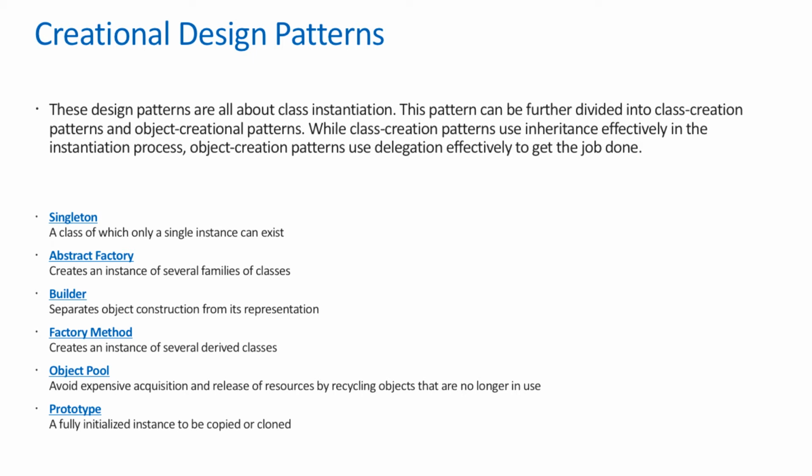For example, in SharePoint Server on premises, there is the site collection, the SP web, the SP site. You need to use those with memory in mind because they take a lot of memory. There is the abstract factory, the builder, and the factory method that we will see next. The object pool and prototype are not covered in this session.